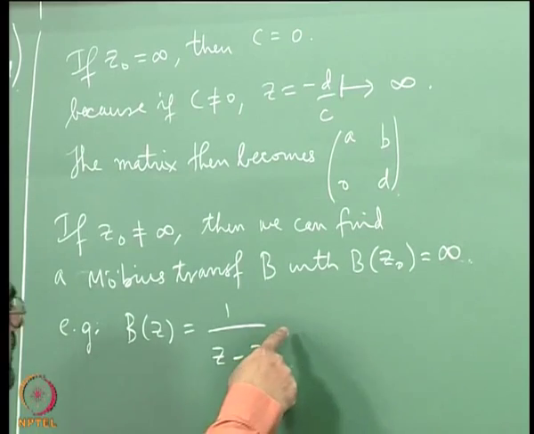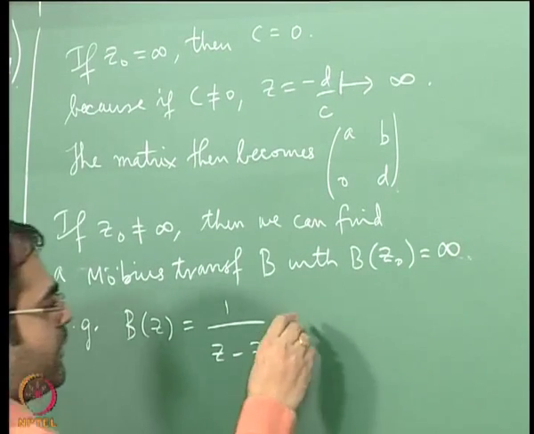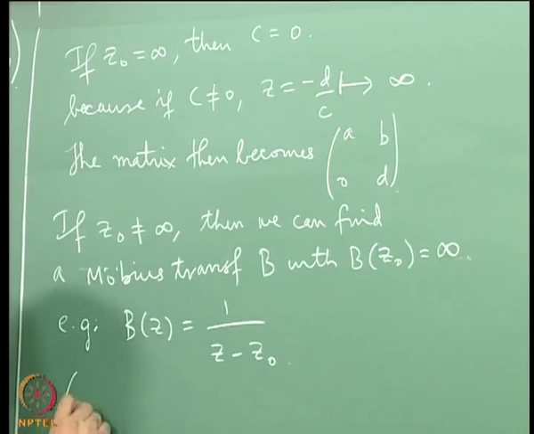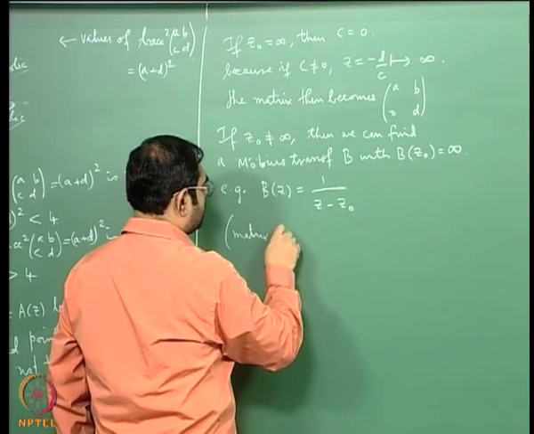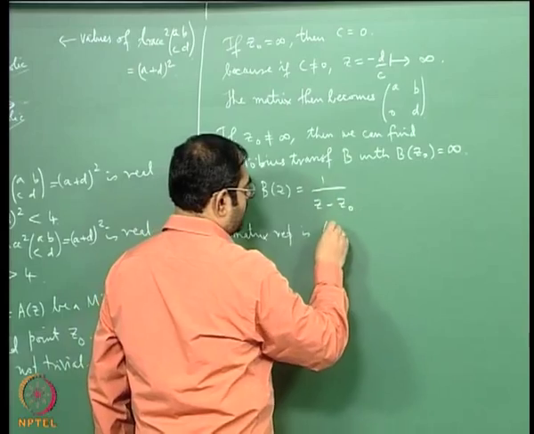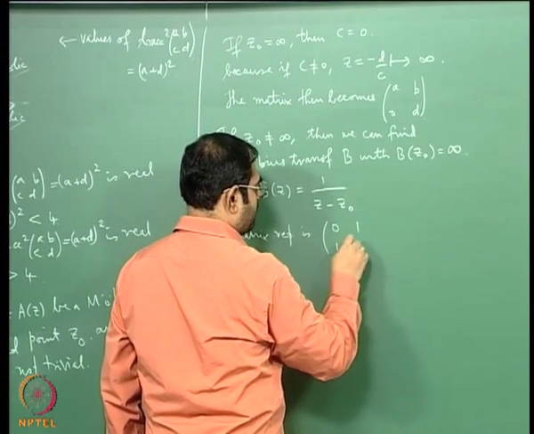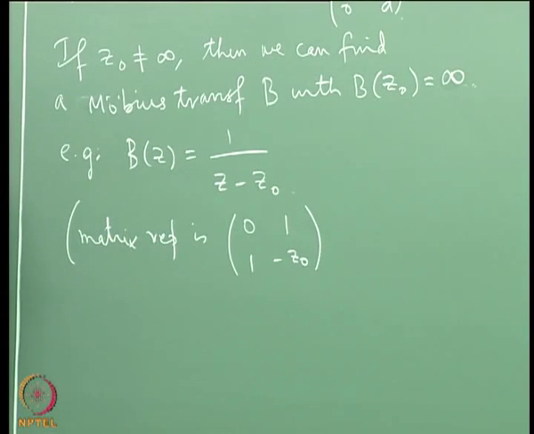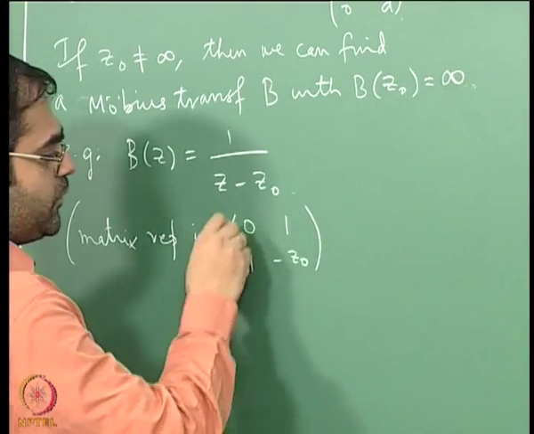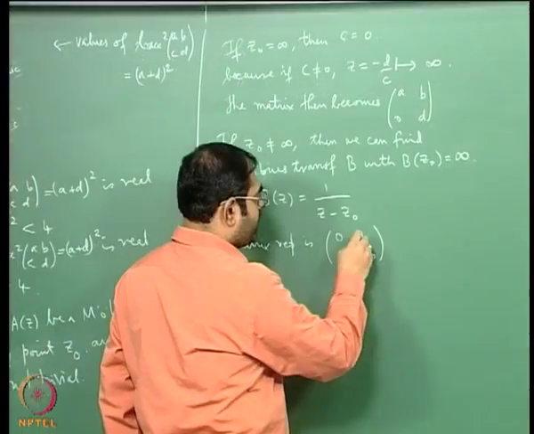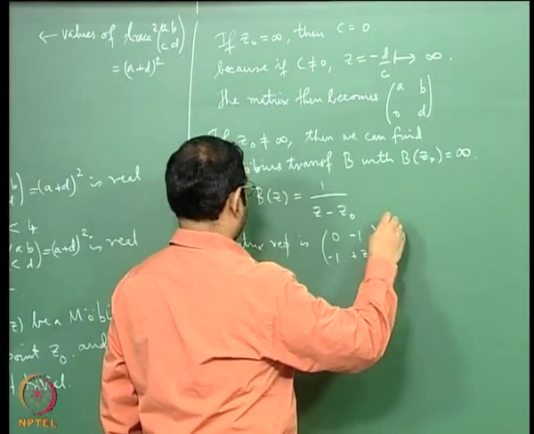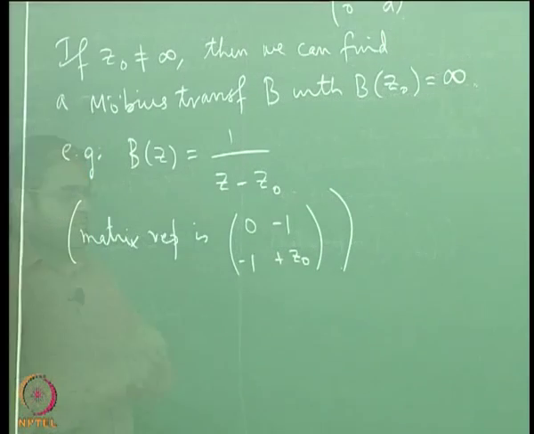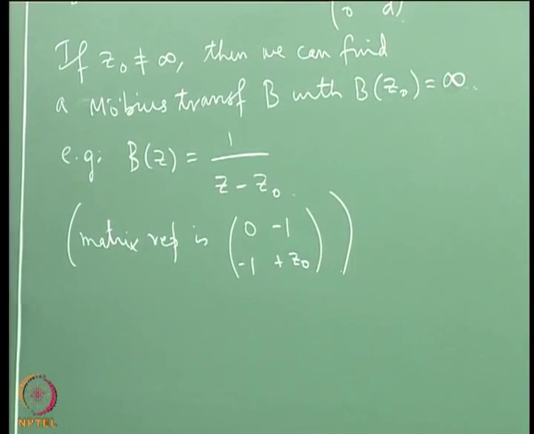And mind you, the matrix representation is 0 1 1 minus z0, and if you want a matrix representative in SL2C, I want the determinant to be 1. So what you should do is change sign everywhere, so I will put minus here and plus here. So this is a matrix representative. Does that help?